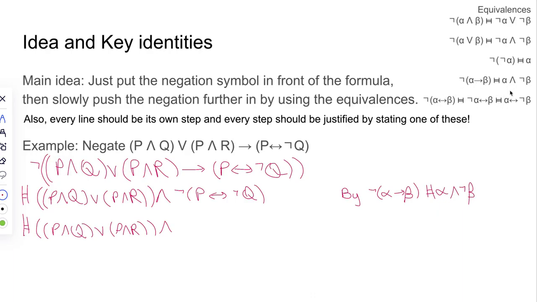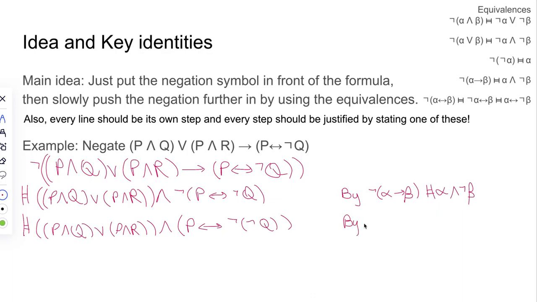The alpha is going to be the same, so we're going to have P still. The symbol of the double arrow stays the same. And now what's on the right-hand side of the double arrow is going to be negated. So we are negating not Q.